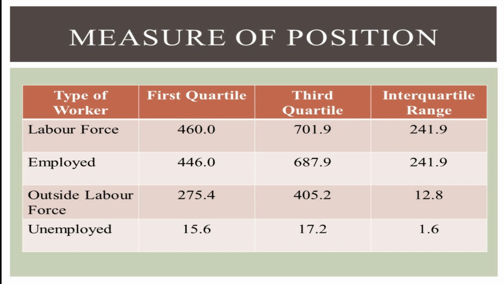For outside labor force is first quartile 275.4, and third quartile at 405.2, and interquartile range at 12.8. For unemployed is first quartile 15.6, and third quartile at 17.2, and interquartile range at 1.6.